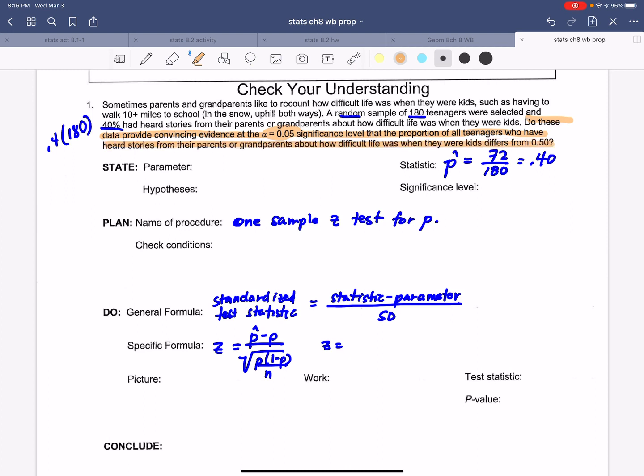Okay, so we can't take our test statistic and make that our H sub O. We have to say they're asking us to test whether it differs, meaning it's just not 50%. That means we have to set this at 50%. So half the people hear it, half the people don't hear it.